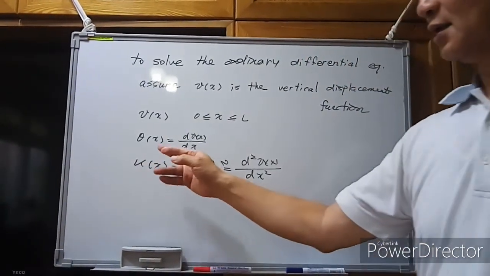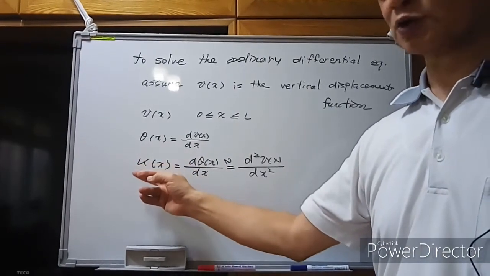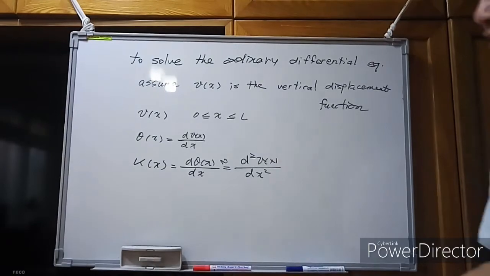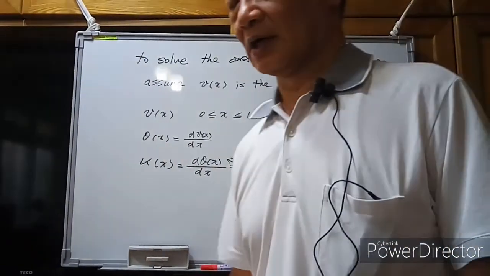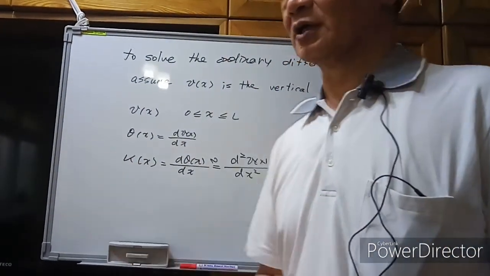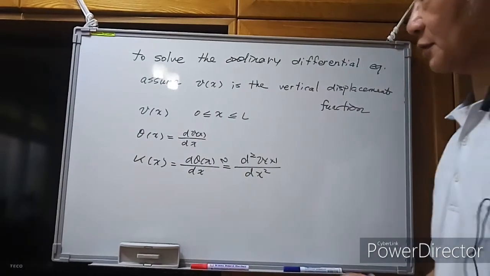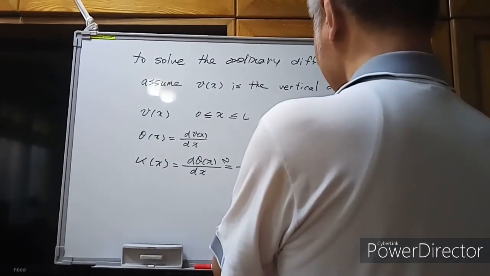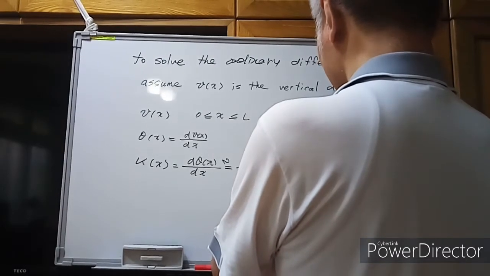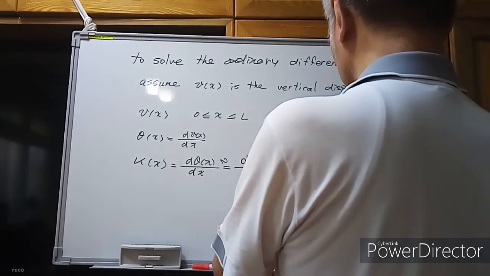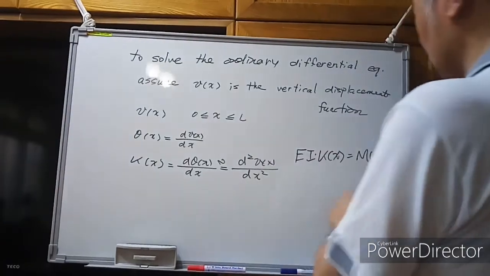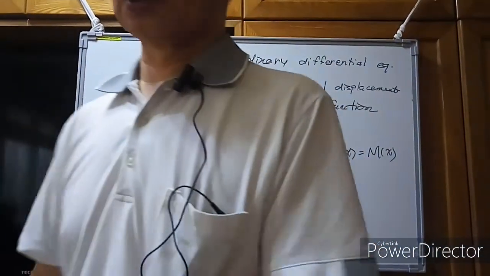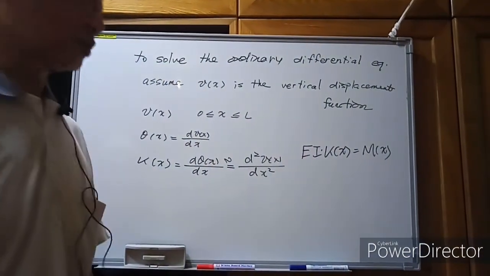If we know the curvature, and we consider the flexural deformation, then from mechanics of materials, EI times kappa is related to M of x, the bending moment at the cross section.